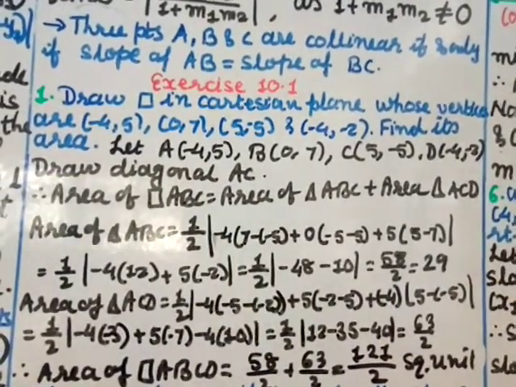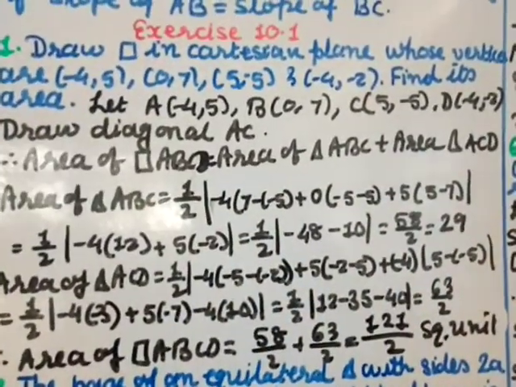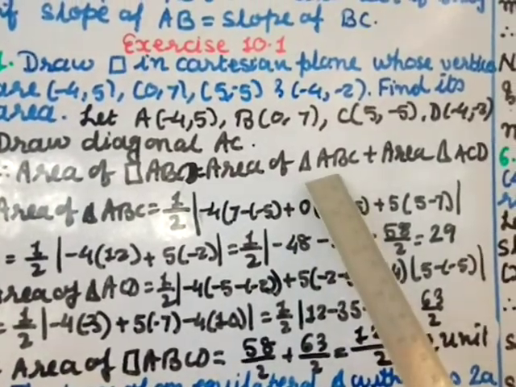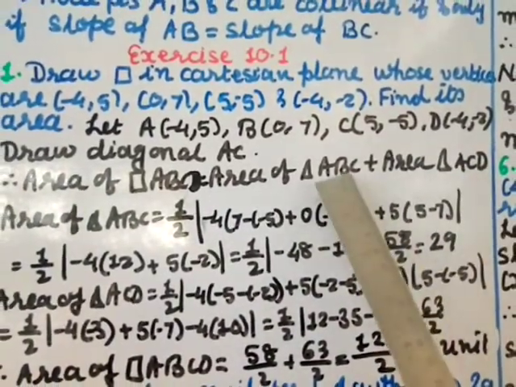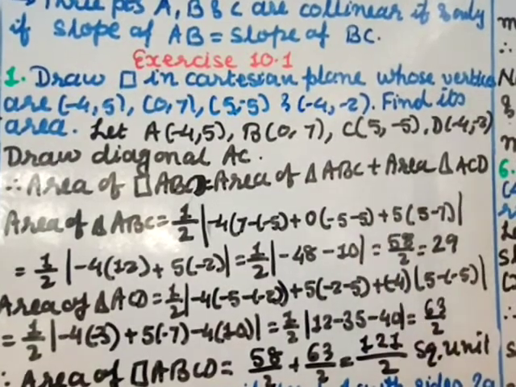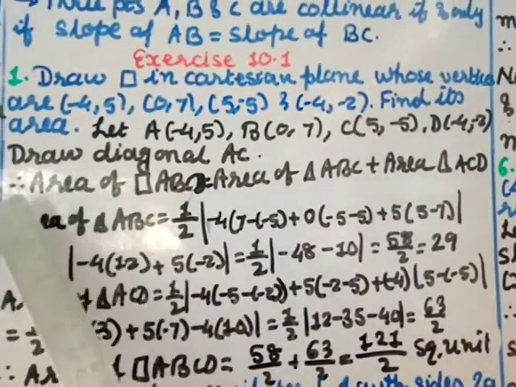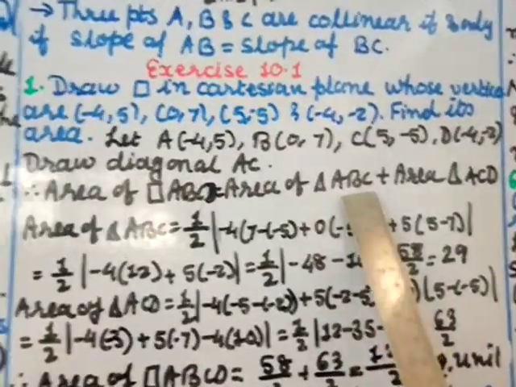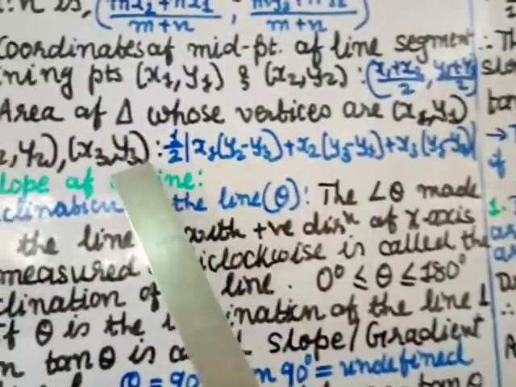Now draw diagonal AC. When you draw the diagonal AC, you get two triangles: triangle ABC and triangle ACD. So if you find the area of triangle ABC and triangle ACD and add them up, you will get the area of the quadrilateral ABCD. Now for the areas of triangles ABC and ACD, I'll use this formula.